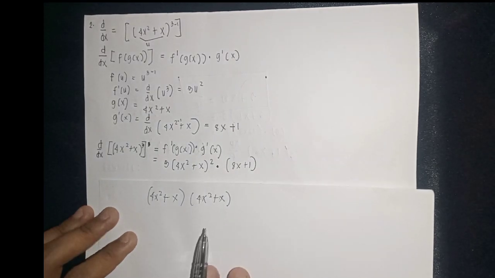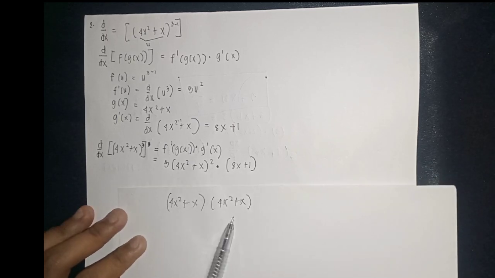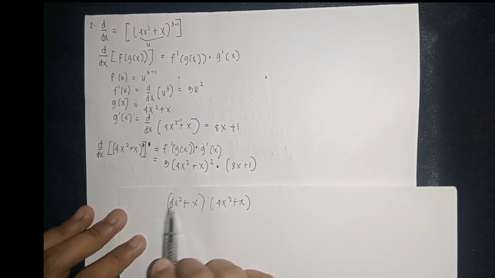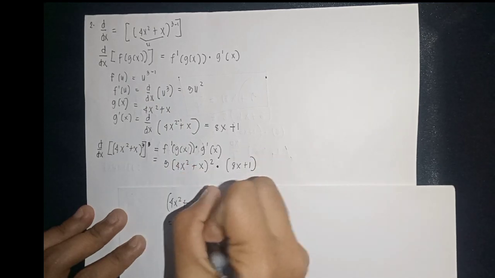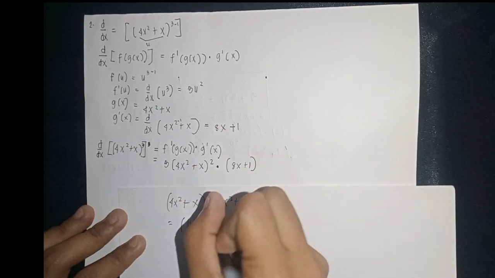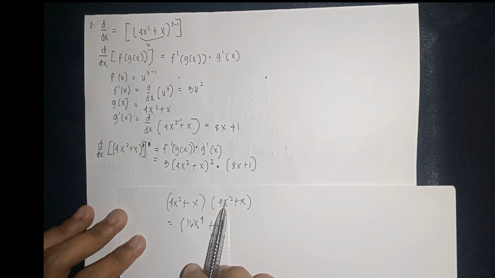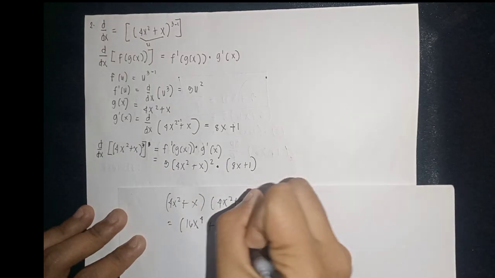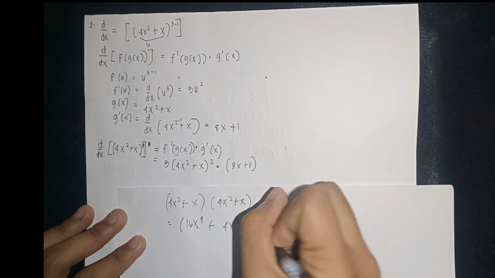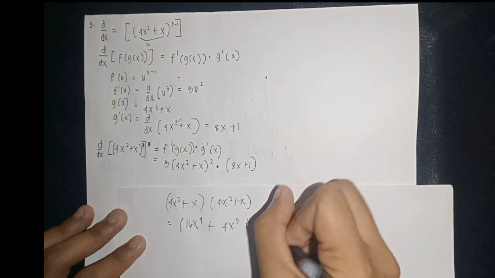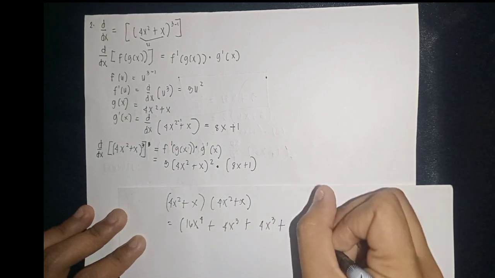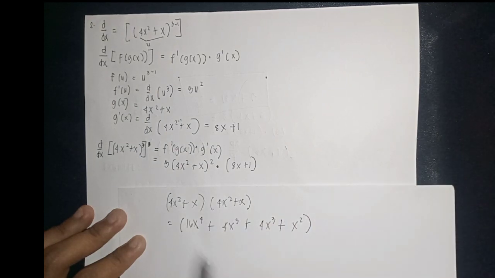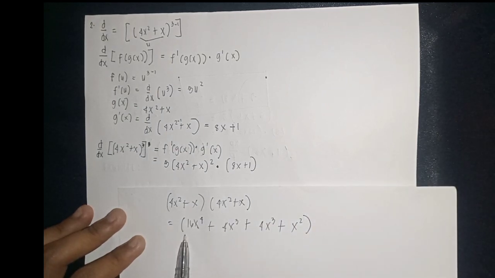So now by multiplying, we have to distribute, or multiply 4x squared times 4x squared. So it is 16x raised to 4. Then 4x squared times x is 4x cubed, plus x times 4x squared is equal to 4x cubed, plus x squared.